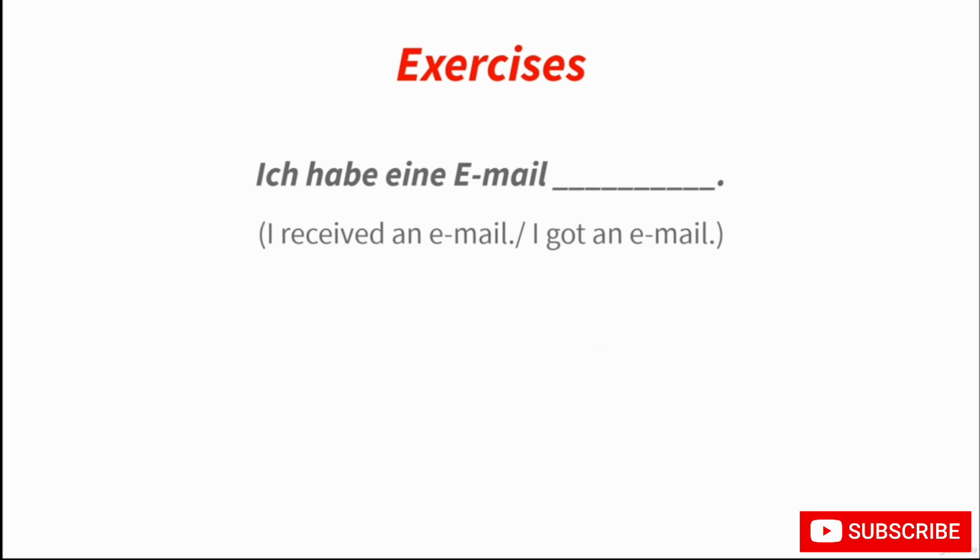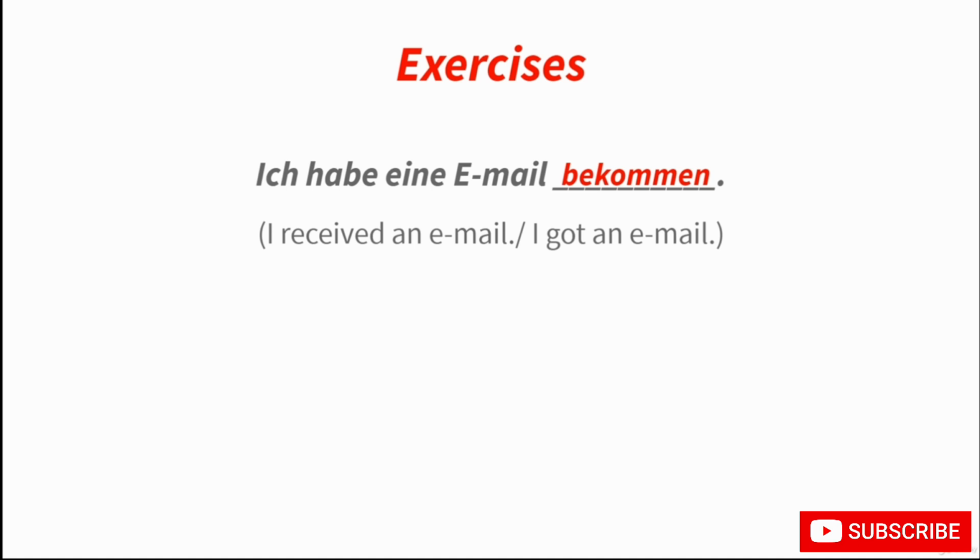Another example. Ich habe eine E-Mail. And this sentence means I received an email or I got an email. What do you think is the answer? It must be bekommen. Why? Because we are receiving, we are getting something. That's why bekommen must be used.